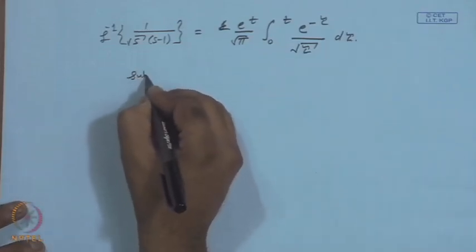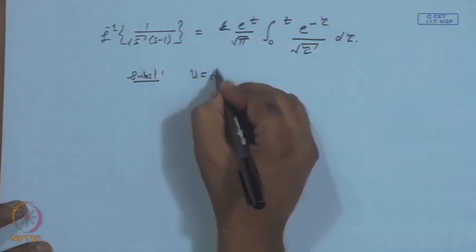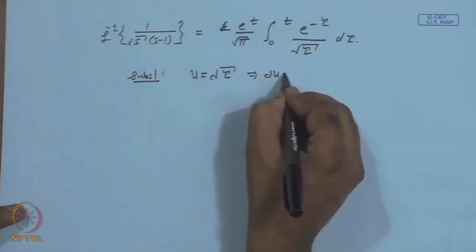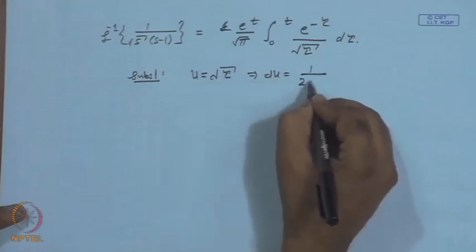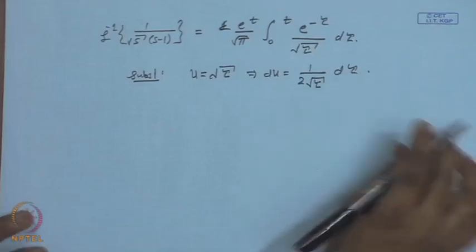Now, if we substitute u equals square root tau, that means du is 1 over 2 square root tau d tau, then what do we get?